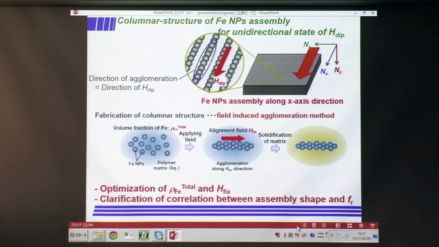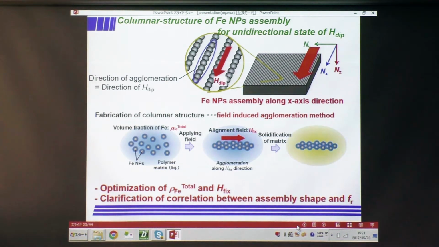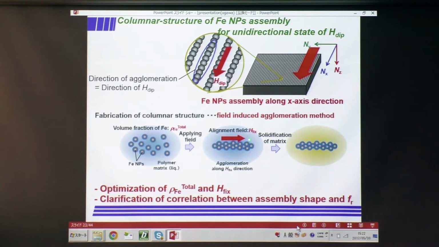And we apply a new method for fabricating this kind of columnar structure: the field-induced agglomeration method. Firstly, iron nanoparticles are dispersed in a polymer matrix like this, and by applying an aligned magnetic field, denoted by H fix, to minimize the magnetostatic demagnetization field, the magnetic nanoparticles are aligned along this direction, and then we solidify the matrix.